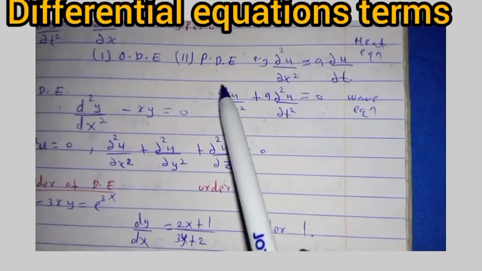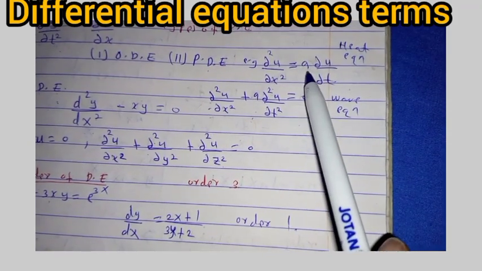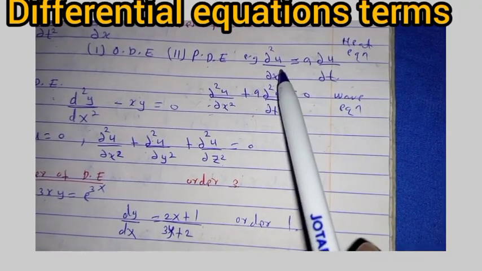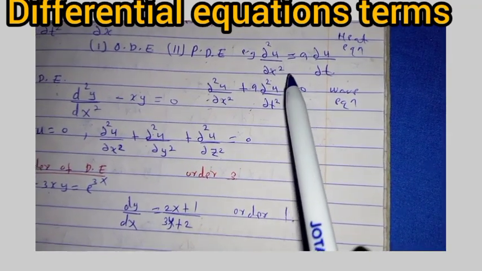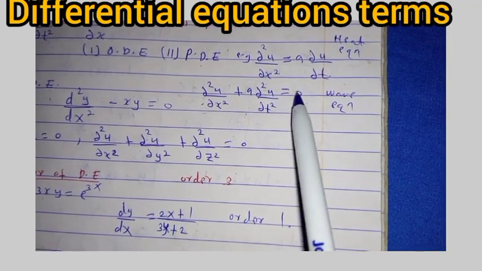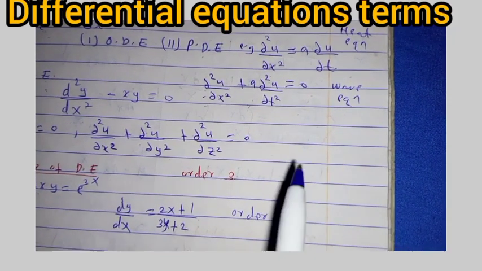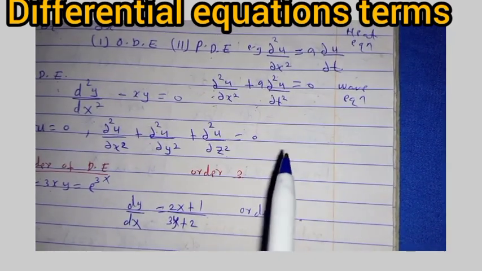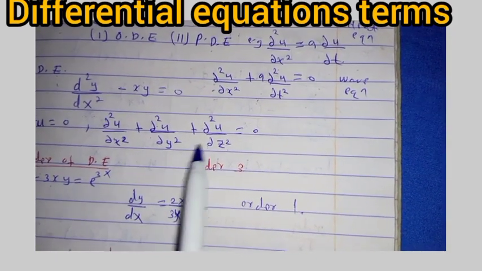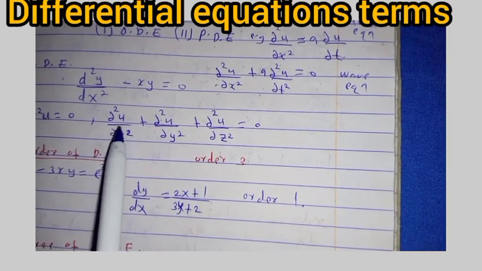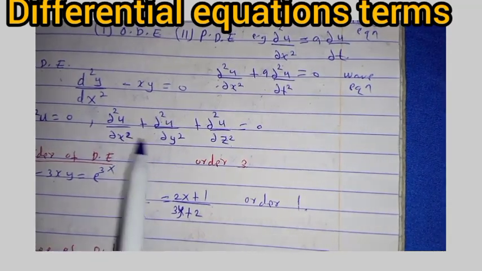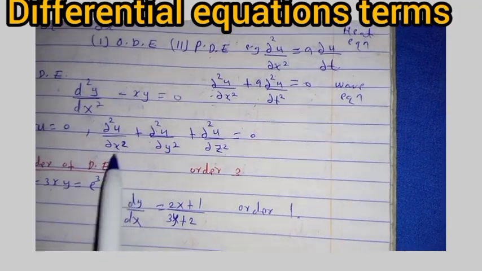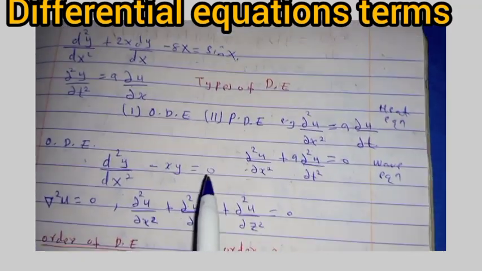Then we have a partial differential equation, which is a differential equation involving derivatives of a dependent variable with respect to two or more independent variables. Like this Laplace form of an equation, we have our dependent variable u, which depends on x, y, and z. So this is a partial differential equation.